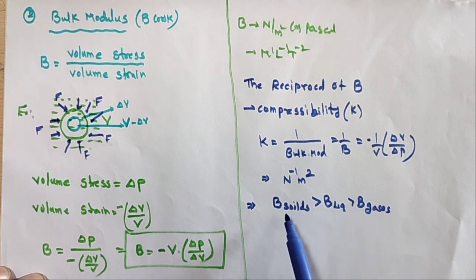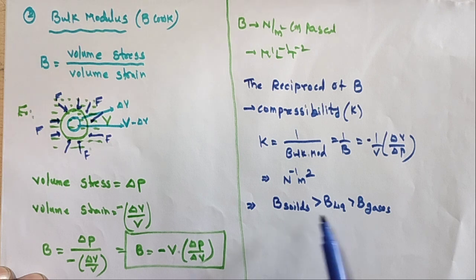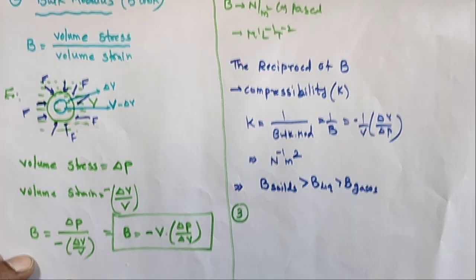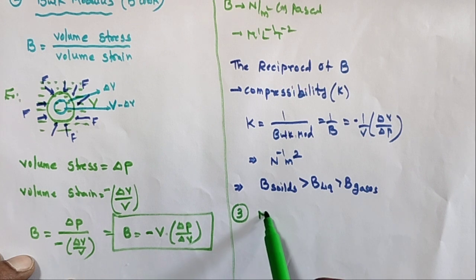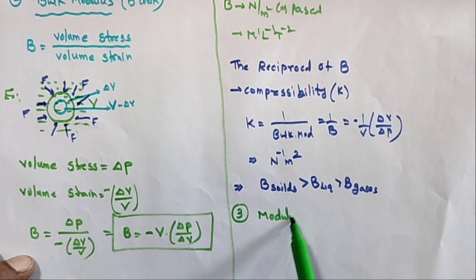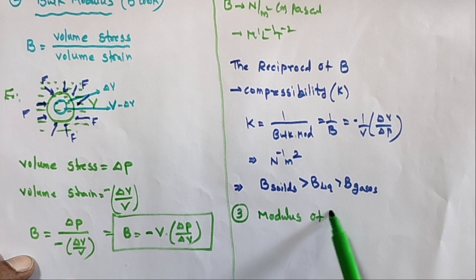So the bulk modulus is explained for solids, liquids and gases. In solids the bulk modulus is very high. Only solids have Young modulus. Bulk modulus is present in solids, liquids and gases. Third one, modulus of rigidity.